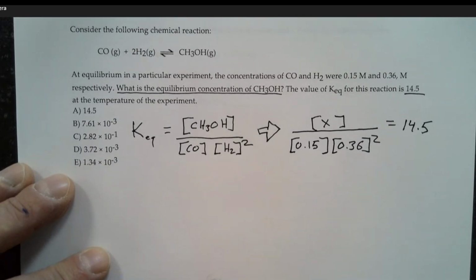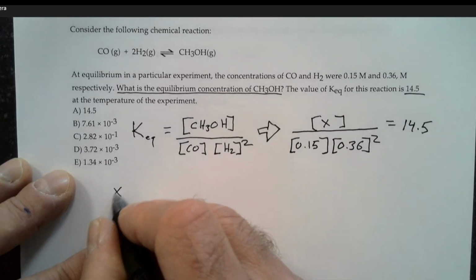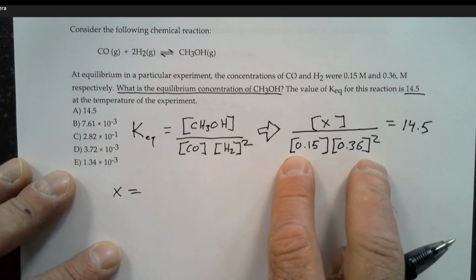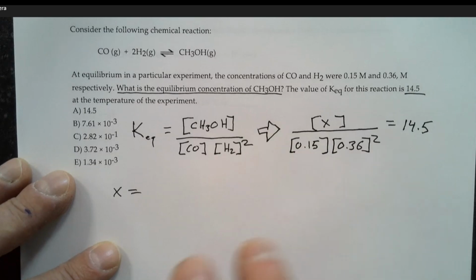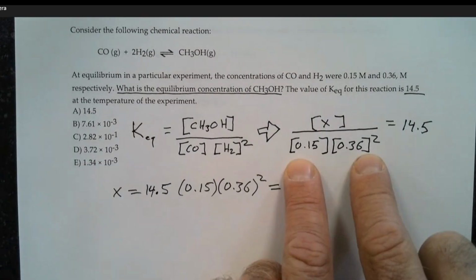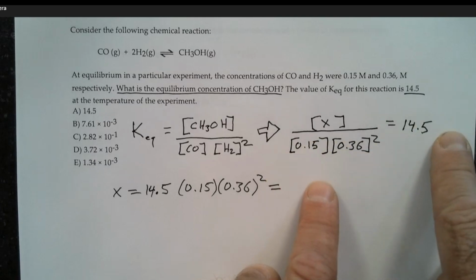We can just multiply all these together. If I did my algebra, I'm going to multiply both sides by 0.15 times 0.36 squared times the equilibrium constant. There it all is. Times both sides of the equal sign by this to get this to cancel out and bring it up there.